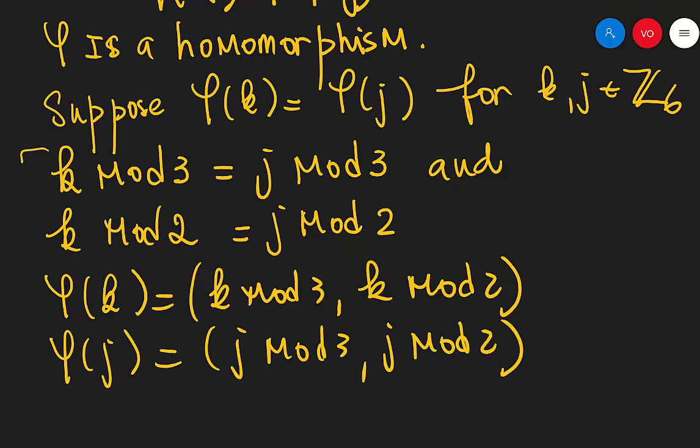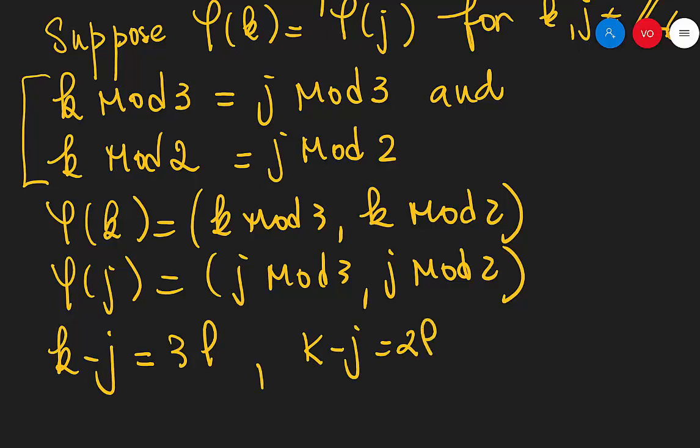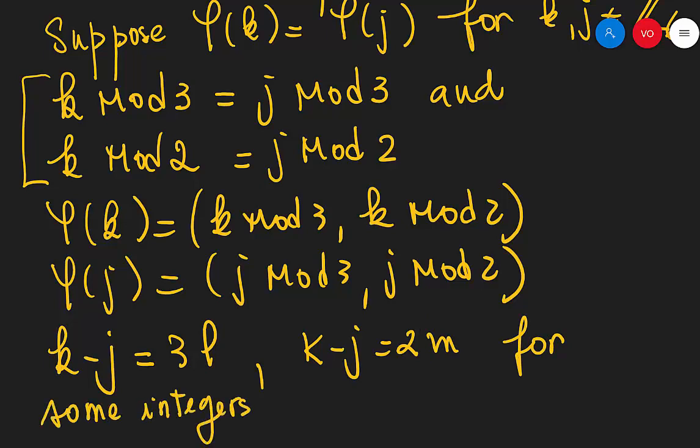So in any case, looking at this equality, this tells us that k minus j has to be equal to 3l, and at the same time k minus j has to be equal to 2m for some integers l and m.